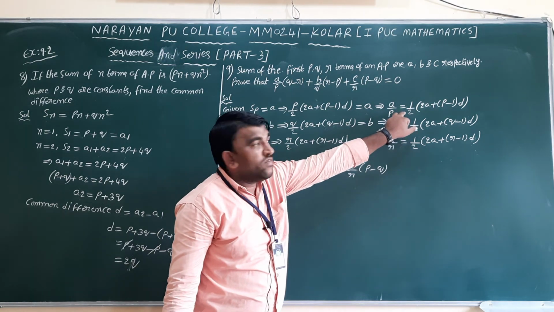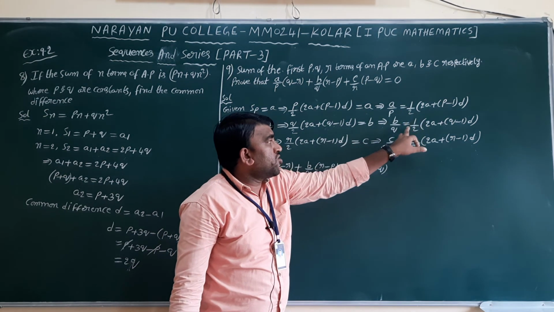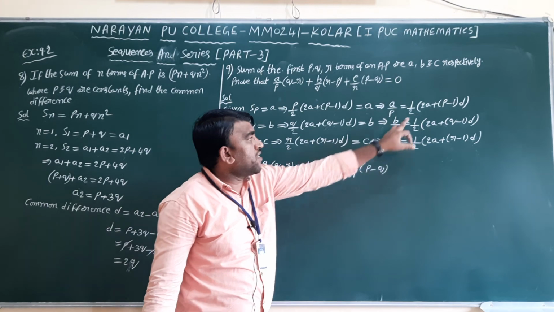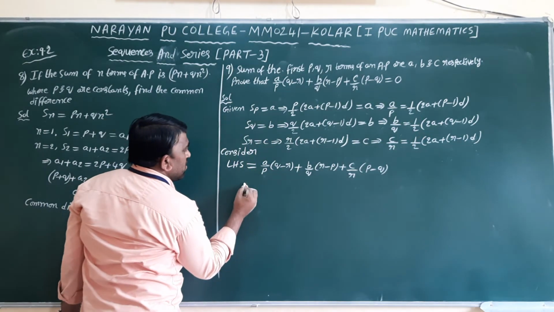But the A by P value is 1 by 2 into 2a plus p minus 1 into d. Wherever a by p, b by q, c by r appear, substitute these values in this equation.